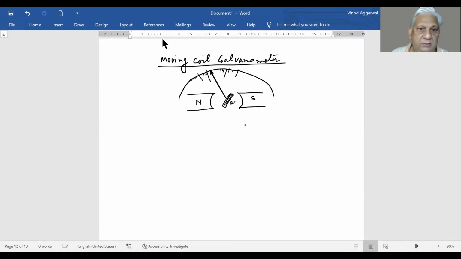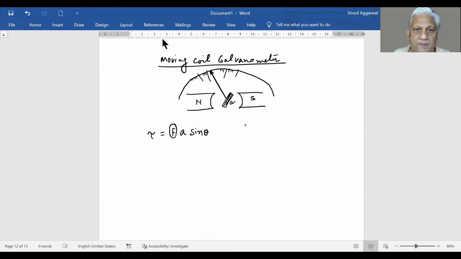Now what happens is, when current I is passed through, the galvanometer deflects, because the coil experiences some torque, and the torque is proportional to the deflection. Let's see how. The torque that the coil experiences is given by force times A sin theta.